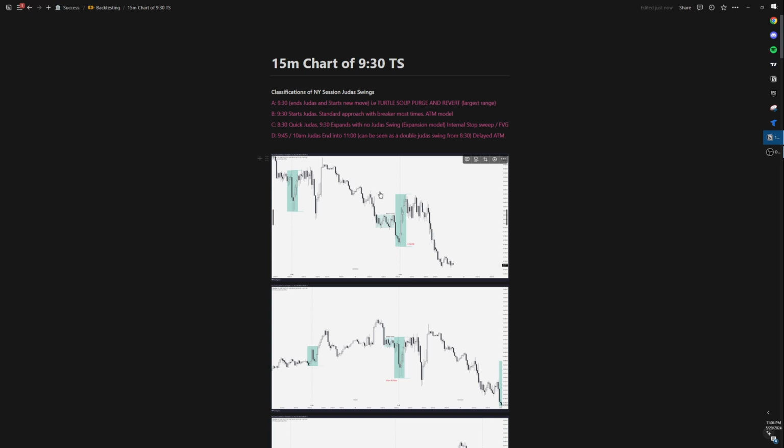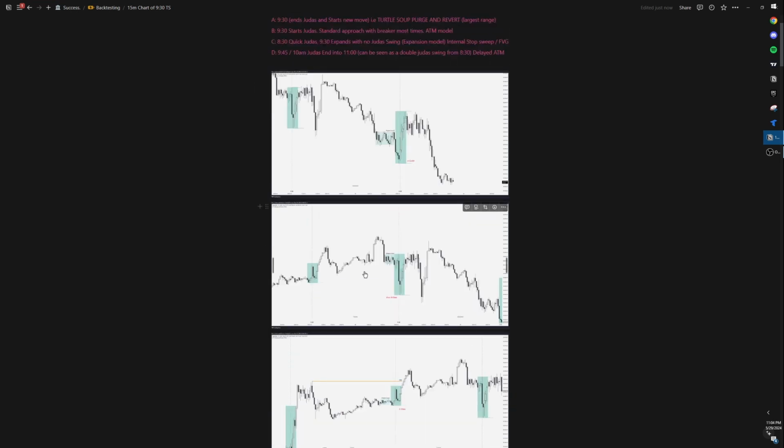You can't trust that by itself, but obviously if things are lining up, say that then drops into a discount IRL. And then there's London High, that's a great target. Plus you have now a clear Judas swing classification that you can pair that price action with. Plus you have maybe a 5-minute change in state. All that stuff will stack up on top of each other, and you'll get even a higher probability trade setup just based on that.